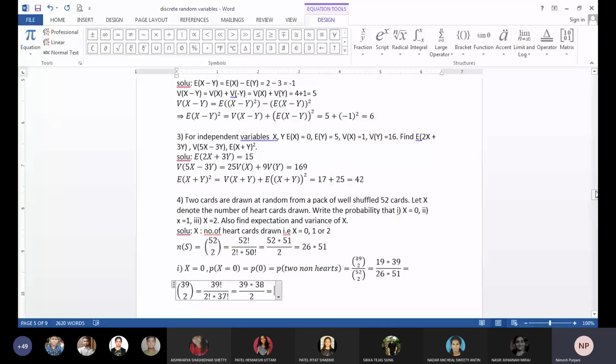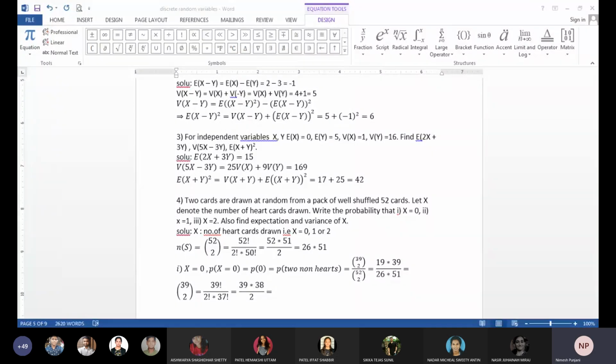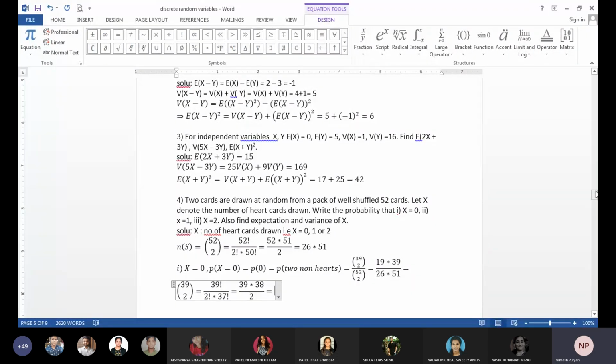Yes, it is 19 into 39. Sorry, it's correct. I got confused with another value.